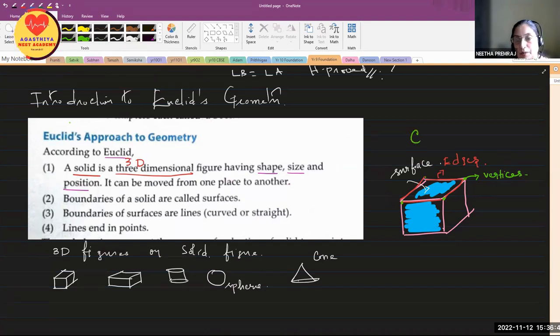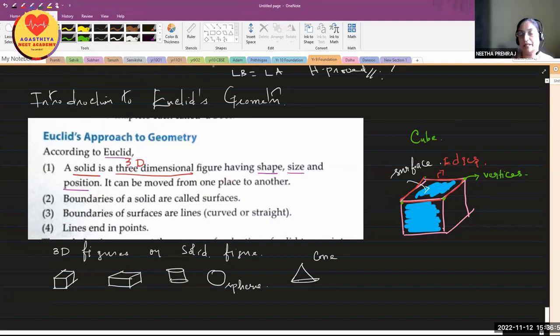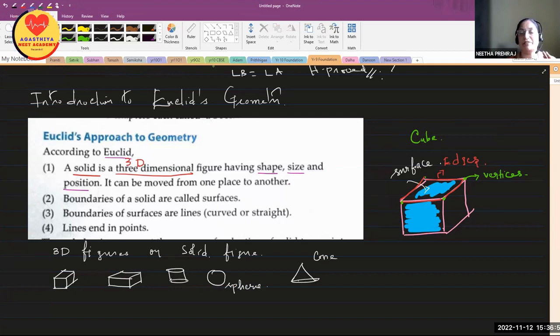This is a cube. Now a small discussion. If you take a cube, how many surfaces are there?